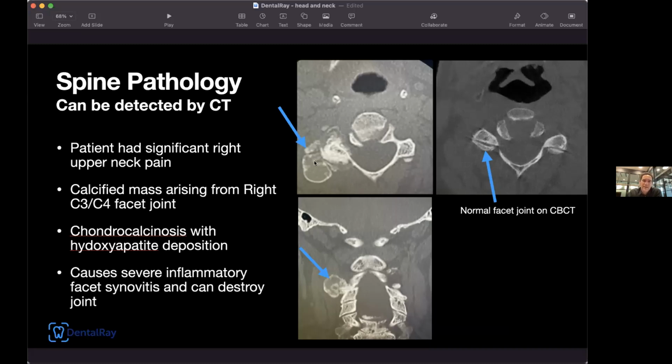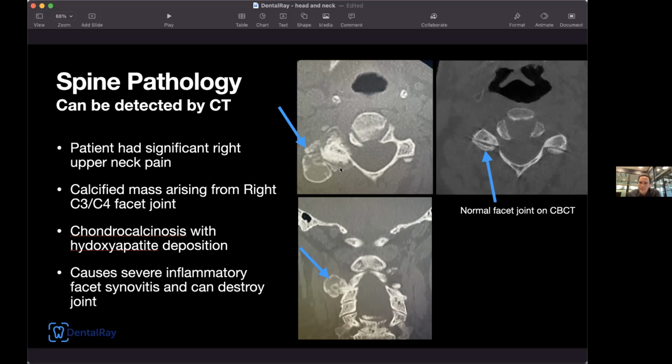And this is that same level that shows you a really abnormal facet joint. So you can see this dense, by dense I mean more white mass that's arising from the facet joint. And this is pretty severe chondrocalcinosis, or mineralization of the joint space and the lining of the joint with hydroxyapatite.